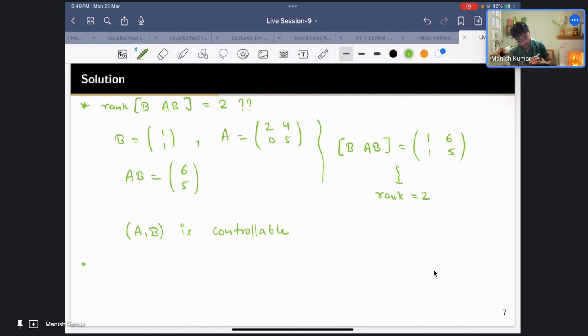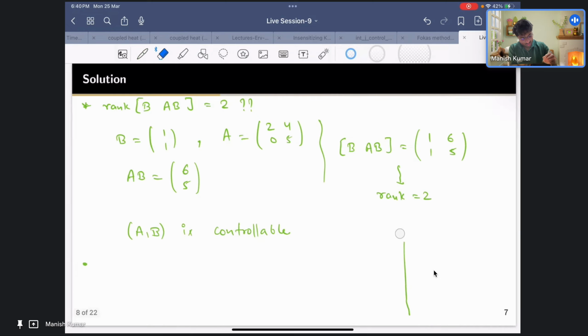Since it is controllable, we know that such a K will exist. Now our goal would be to find that matrix K. Let us directly dive into it. We will first try to find a vector alpha, using the inverse of this matrix.